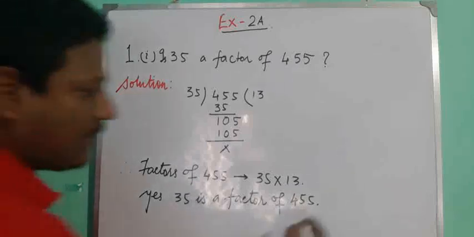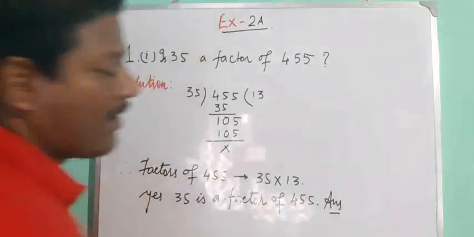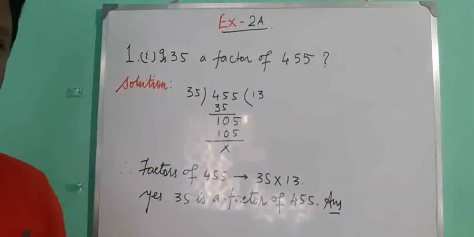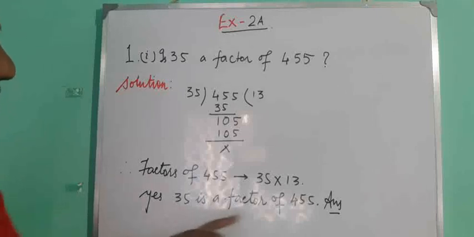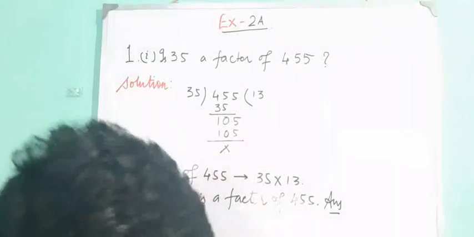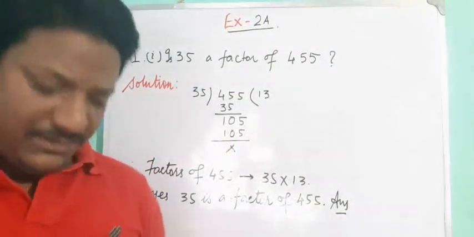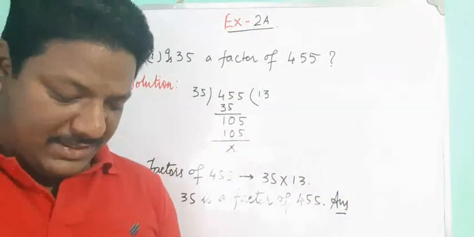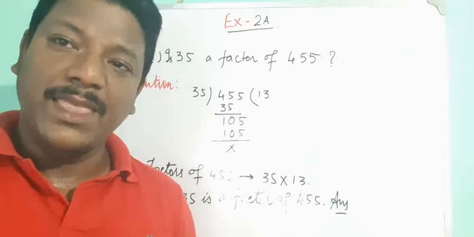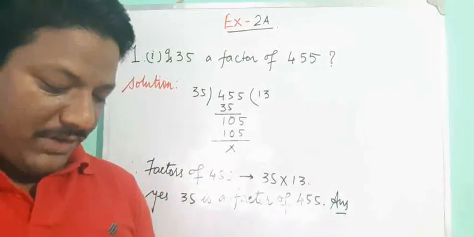You can write that 35 is a factor of 455. It's very easy and it is understood. Okay, so in this way you can find out.